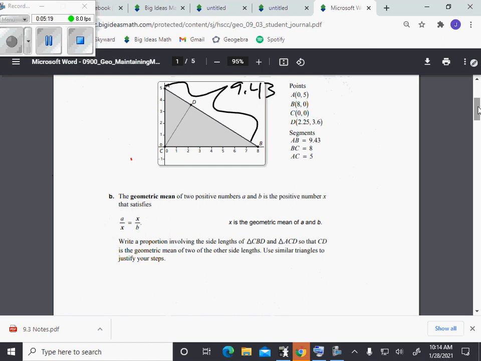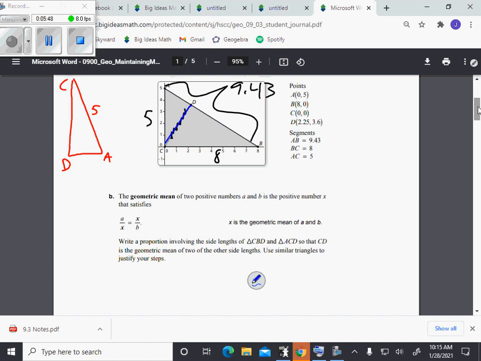We want to find CD. We want to find this length right here. How do I do that if I know this is 5, this is 8? I'm going to create my right triangles. This is D, C, and A. We know that AC is 5.